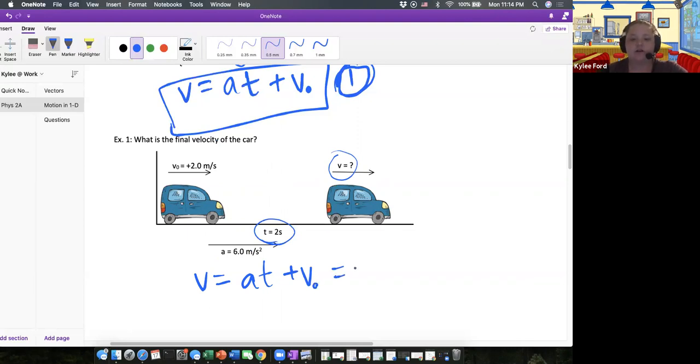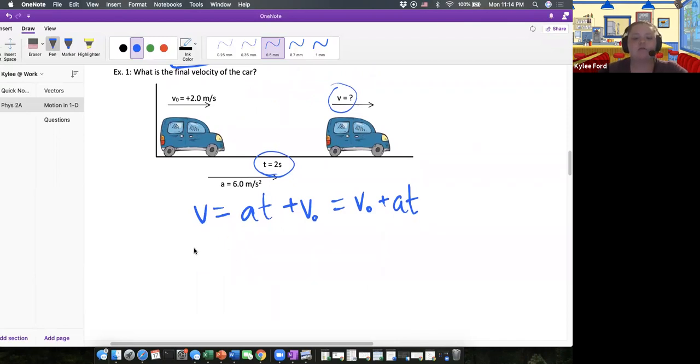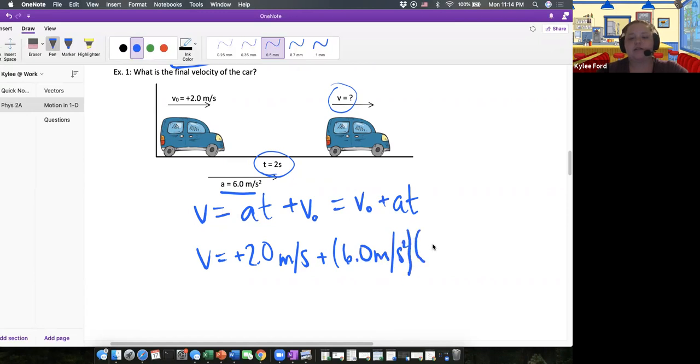We can also write this as v naught plus at. This might be a little bit more common to see, but it really doesn't matter. So when we plug in our values, we have our v naught, which is positive 2.0 meters per second, plus our acceleration here, which is 6.0 meters per second squared, times our time, which is 2 seconds.